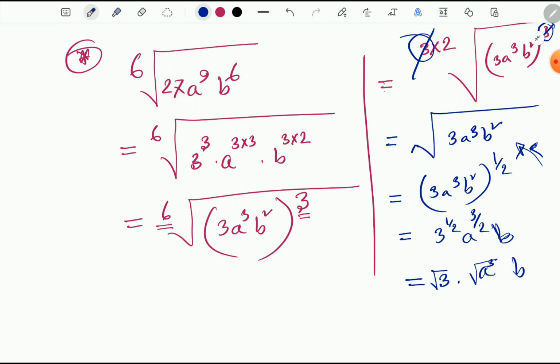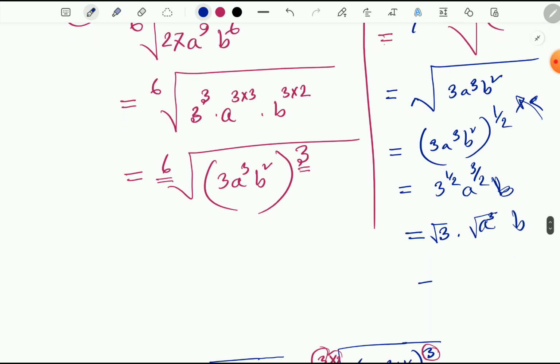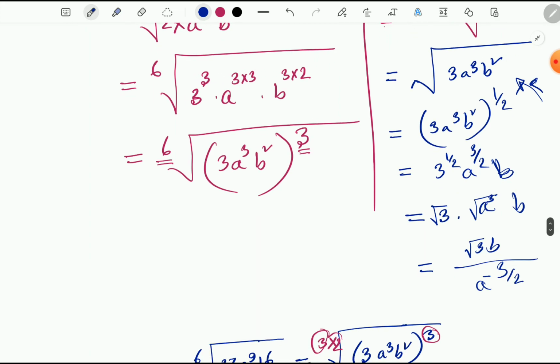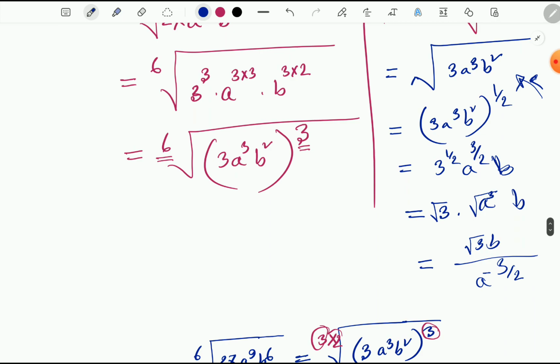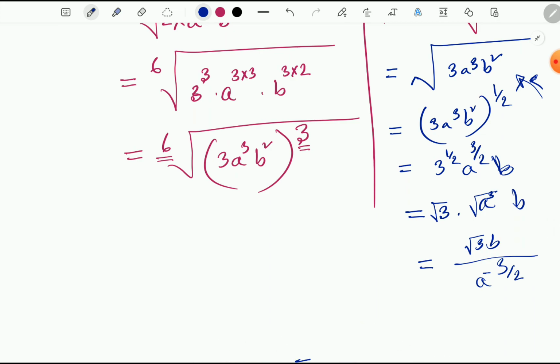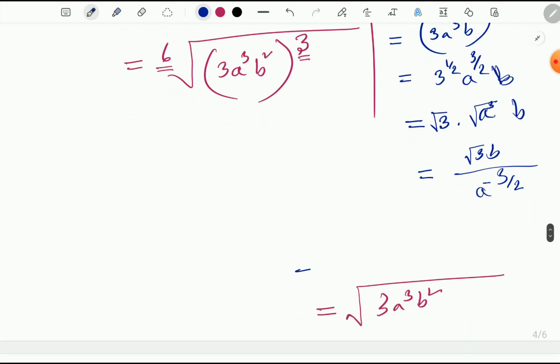Further, we can write root 3 b divided by a minus 3 by 2. So the same mathematics I can express in different ways.